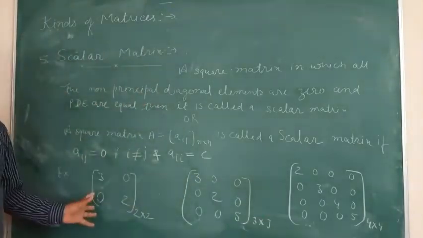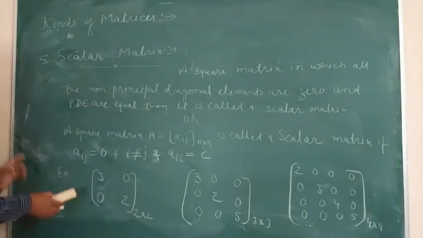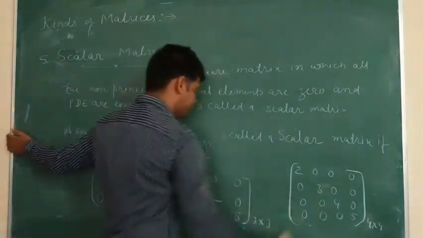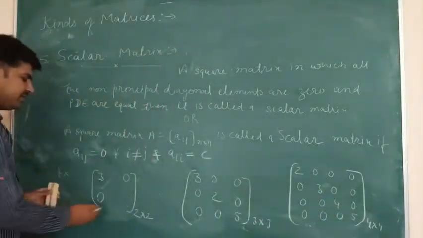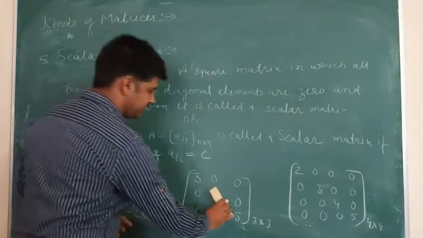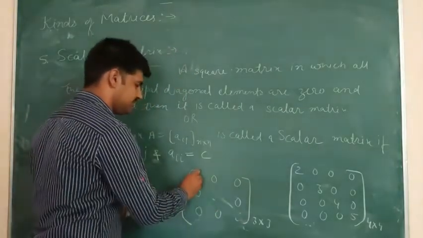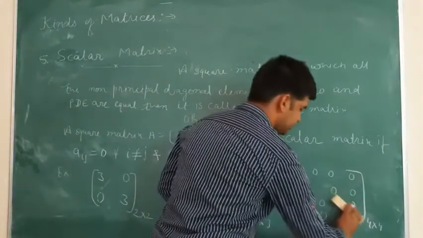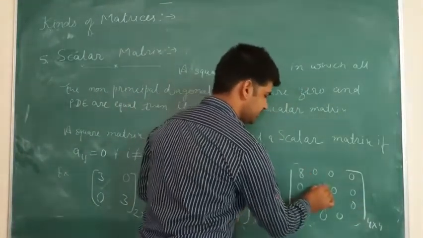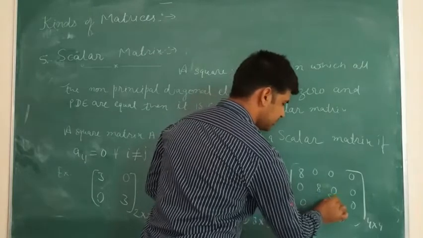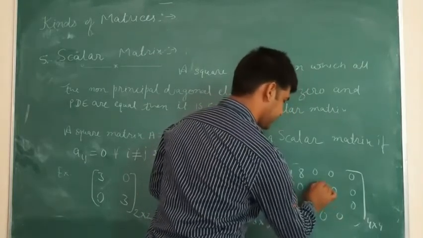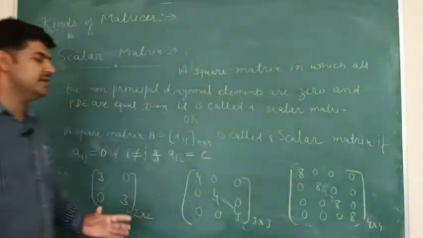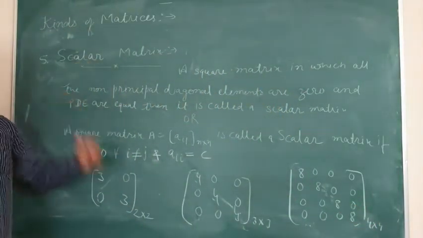To make these diagonal matrices a scalar matrix, we need to make these principal diagonal elements equal. So see, if I put here 3, making all of these elements equal, suppose 4 4 4 I have made, or making these elements the same, suppose 8 8 8 and 8. These are examples of a scalar matrix.